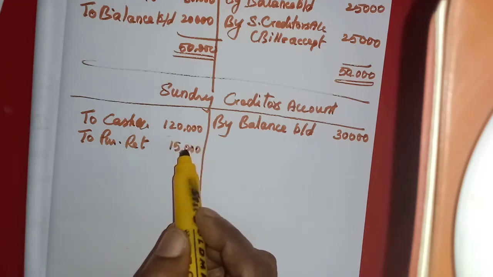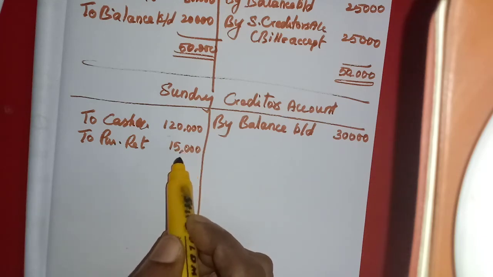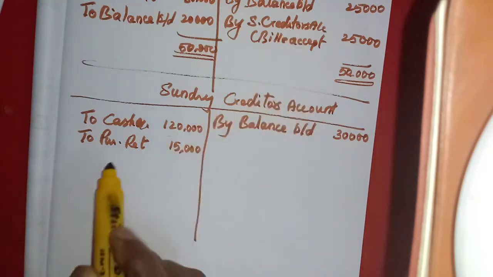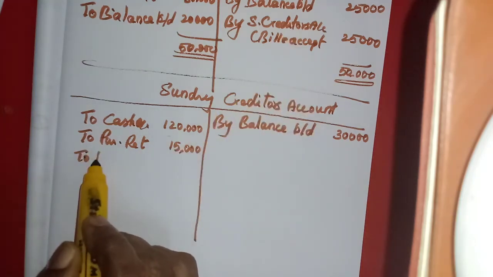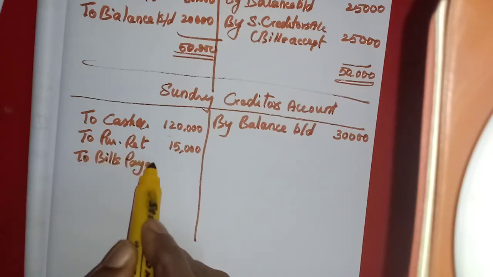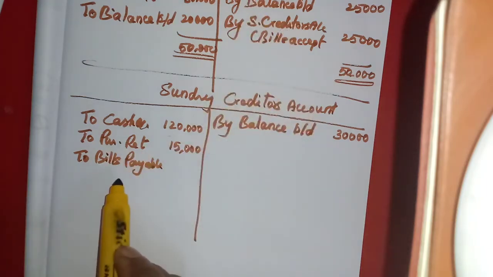Then cash purchases will not come. Then creditors closing. Before that we should enter this one. Here creditors account debtor to bills payable. If this one is on the credit side there, here it will come on the debit side.